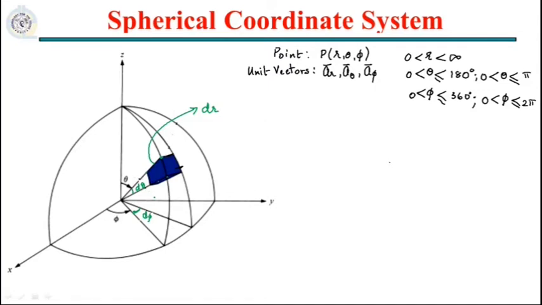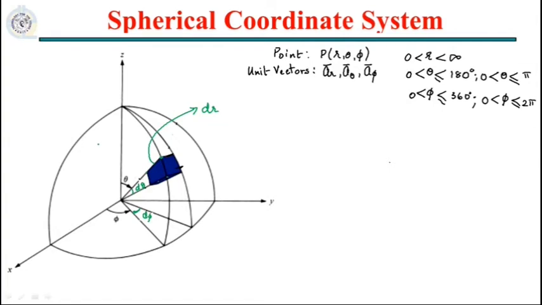But in this case, if I'm talking of this angle to be d phi, what will be the length? The length of this will be the distance from the reference into the angle. So what is the distance from the reference? Z-axis is the reference.